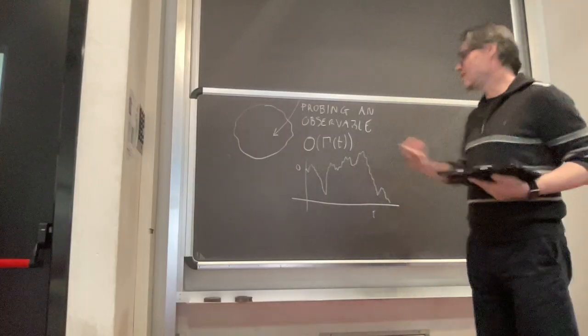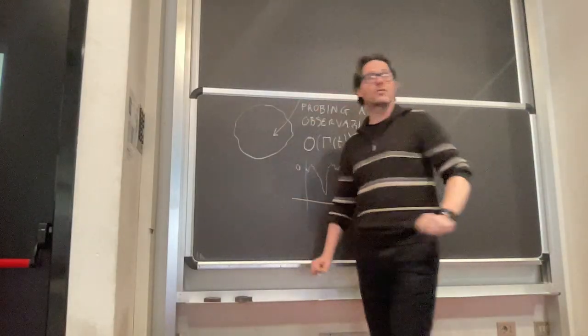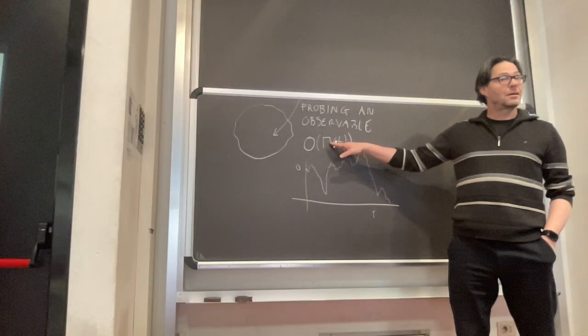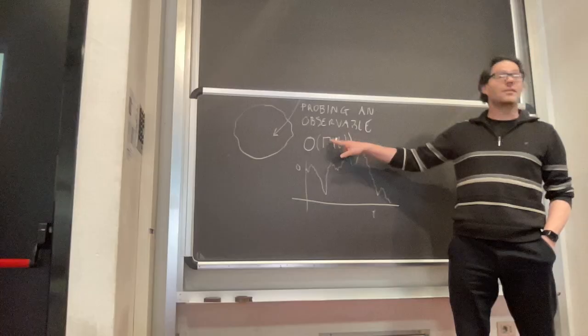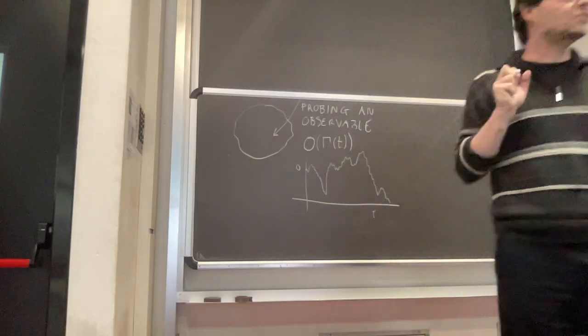Now, these specific trajectories would depend on the initial condition of your system, because it's a function of the phase space trajectory, right? And the phase space trajectory is uniquely determined by the initial condition.